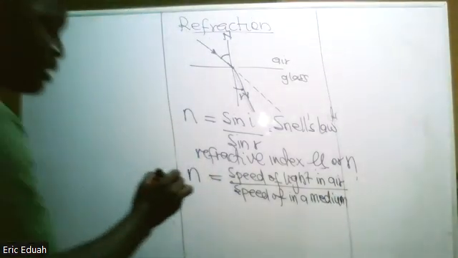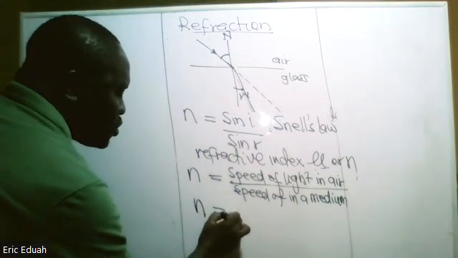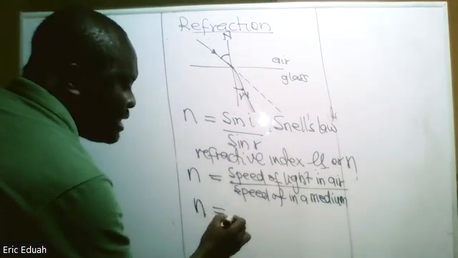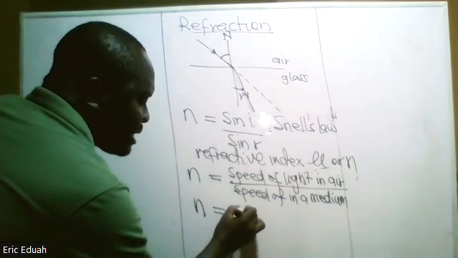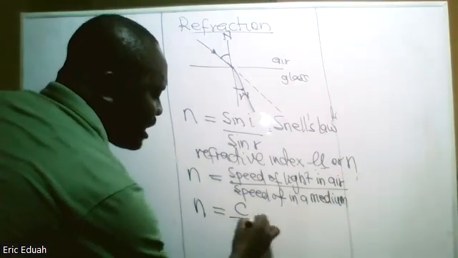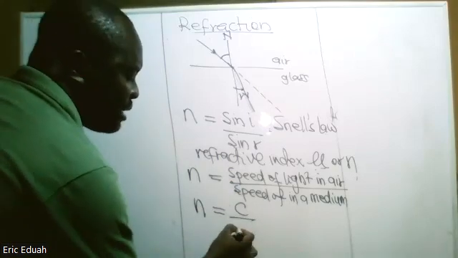So mu is equal to the speed of light in air or vacuum, represented by the letter C, divided by the speed of light in a medium, V.